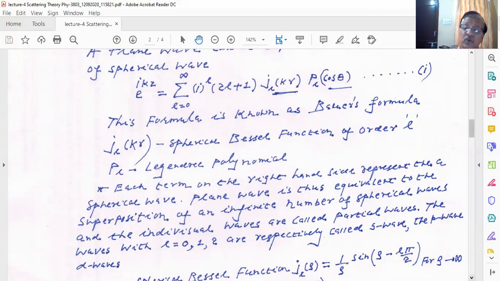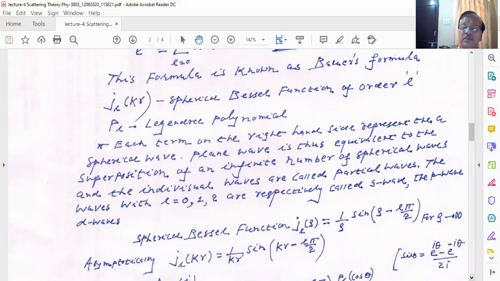Now please understand that we would like to study the asymptotic behavior. Here I wrote the spherical Bessel function j_l of rho, a spherical Bessel function of order l, which can be expressed as 1 upon rho times sine of rho minus l pi by 2 when rho is very large, that is rho tends to infinity.